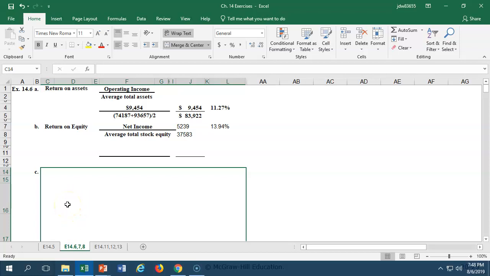All right, C, I think, is a good question to ask. What is most likely the explanation why CVS Health stockholder equity for the year decreased? Any idea? The assets increased.